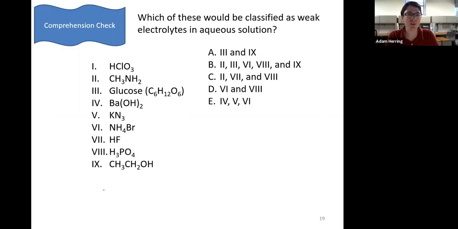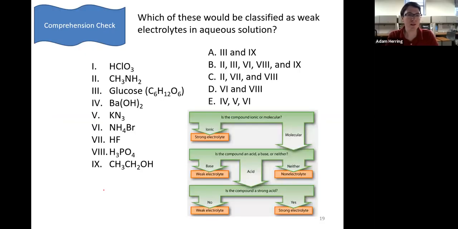The first substance is going to be a strong acid. If we're following the flow chart, for this first substance, we identify that it is molecular, that it is an acid, and that it's one of our strong acids. For the second substance, you should be able to identify this as molecular because it consists only of nonmetals.